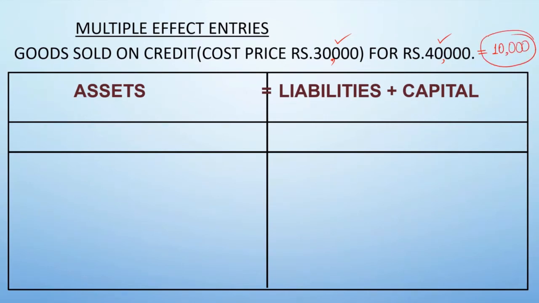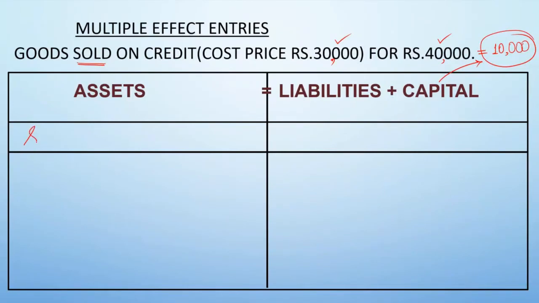In the previous point I informed you that whenever profit and loss is there, it has to be adjusted with the capital only. So this 10,000 is the profit, which belongs to the proprietor, so it has to be added with the capital only. Let us record how it has to be recorded. As we are selling the goods on credit, the stock will be reduced.